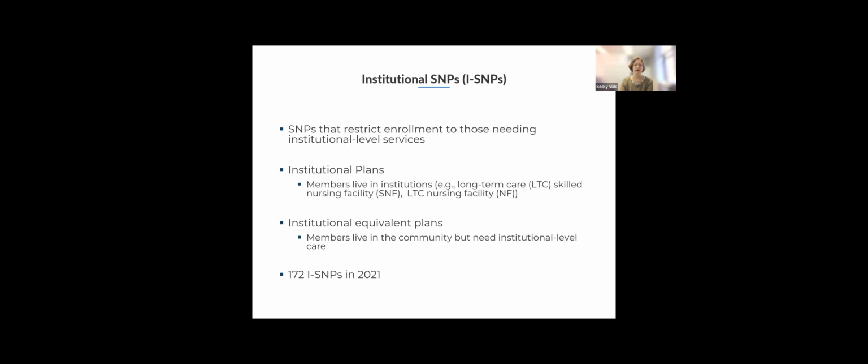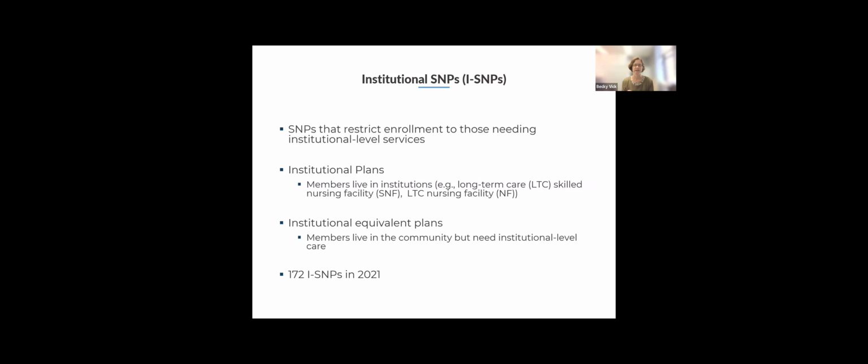Institutional SNPs are plans that restrict enrollment to those needing institutional level services. Like I said earlier, there is a variable in the special needs plan contracts file that will tell you further detail about these I-SNPs, and that is whether it was an institutional plan or an institutional equivalent plan.